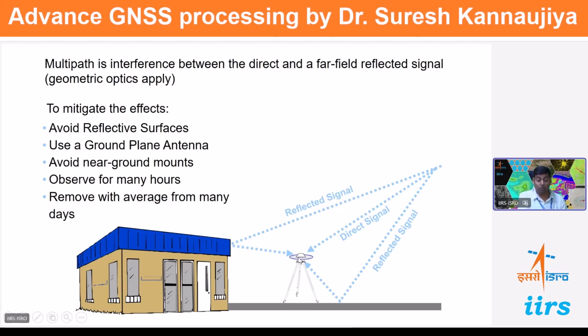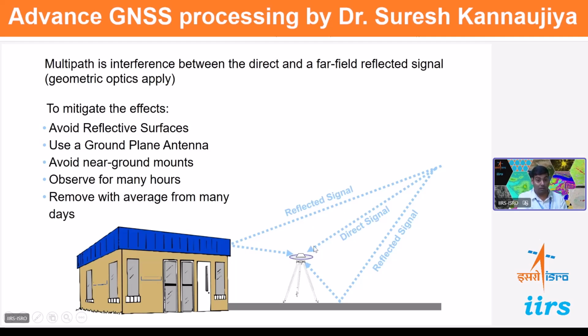So now we need to take care of the setup of the campaign station. If we cannot ignore this location and we have to set up the campaign station here for some specific objective, then we have to set up the choke ring antenna, which I have shown you.